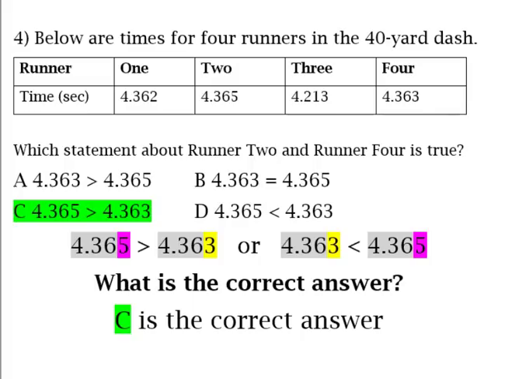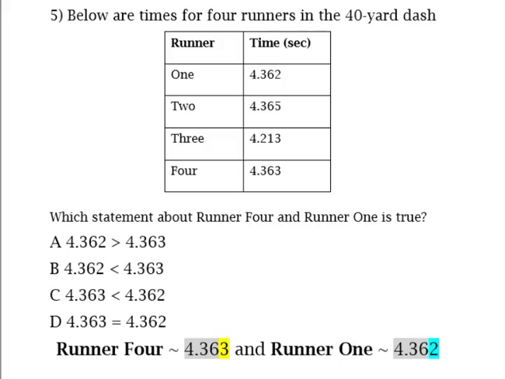Let's move to question number 5. Our last one. Let's finish strong. Below are times for 4 runners in the 40-yard dash. Which statement about runner 4 and runner 1 is true?